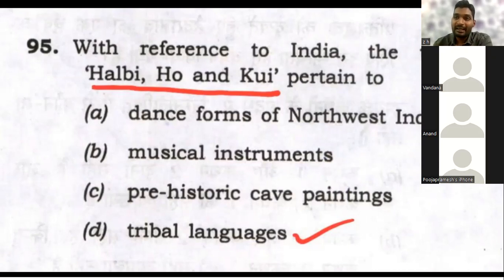If you haven't read these terms at all, you can directly skip this question and move to the next question. But if you have read about these terms, if you have some idea about them, you can read all the other options: dances, dance forms of Northwest, musical instruments, prehistoric cave paintings, and tribal languages. And then you attempt the question, or skip to the next question.